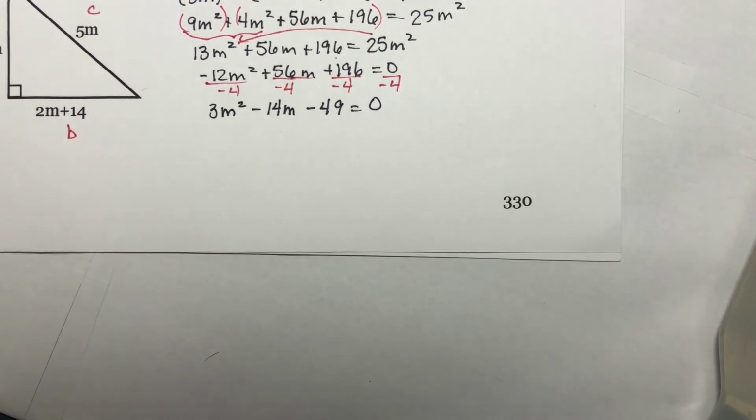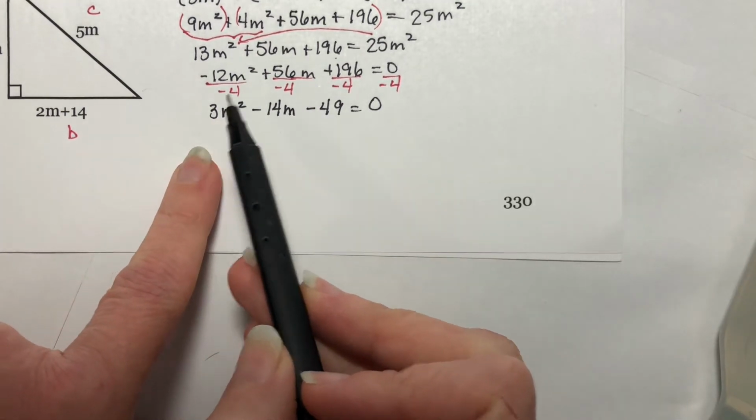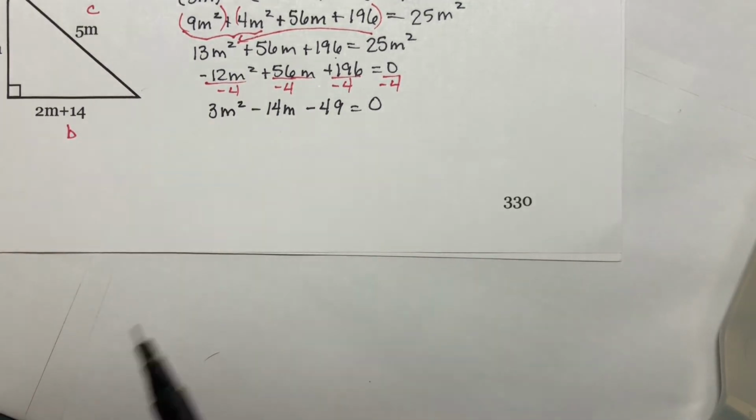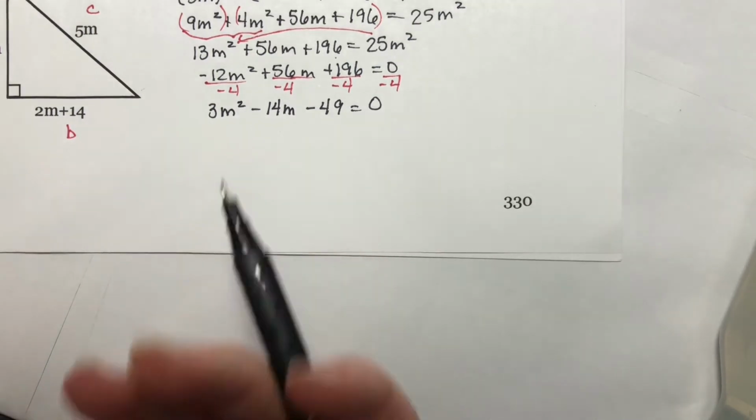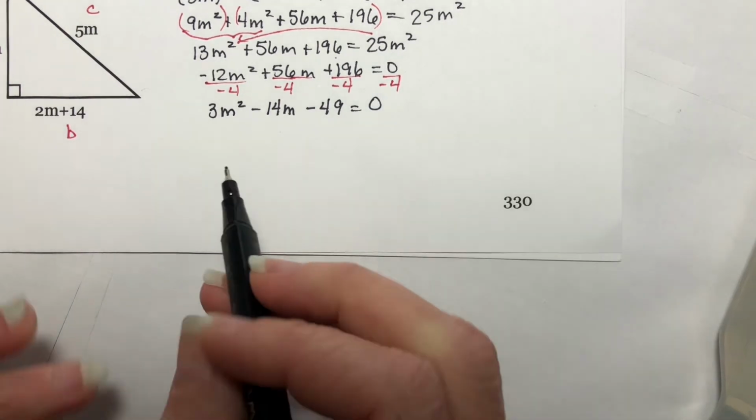Then I ask myself if it's in the right form for the square root property, and this is not, because square root property is the next easiest thing. And then after that, I go to the quadratic formula. Now this might factor, it might not. I would have to multiply the 3 times the -49, try to find two numbers that multiply to that, hope I can find some that add to -14. It might take a while, and then I might find out at the end this doesn't factor at all. So I'm going to go for the quadratic formula.